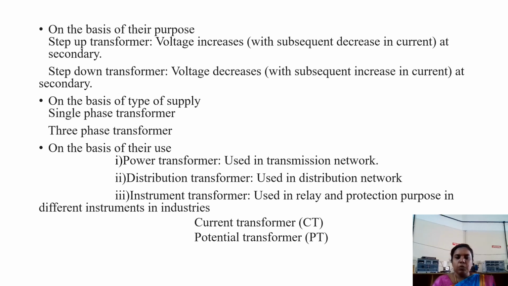Based on their use, we have three different types: power transformer, distribution transformer, and instrument transformer. Power transformers are used in transmission networks, distribution transformers in distribution networks, and instrument transformers mainly for protective purposes.